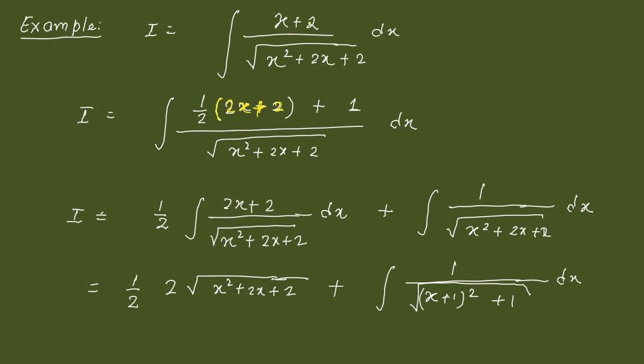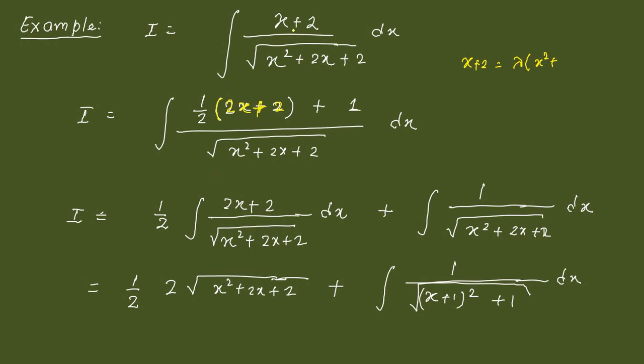Let us try to do this problem, and this time I want to give you the technique of writing the numerator in terms of the derivative of the denominator without going to the method of finding lambda and mu.